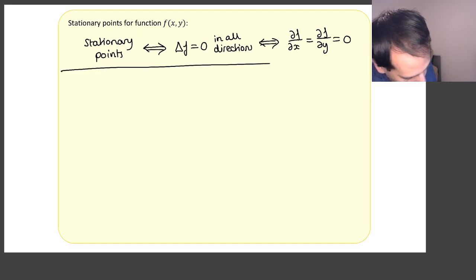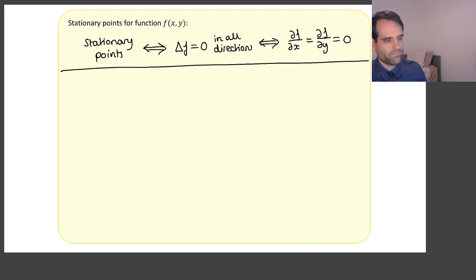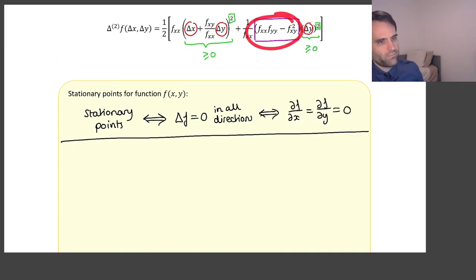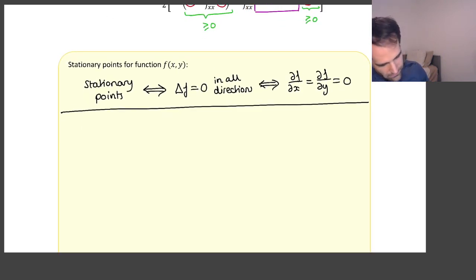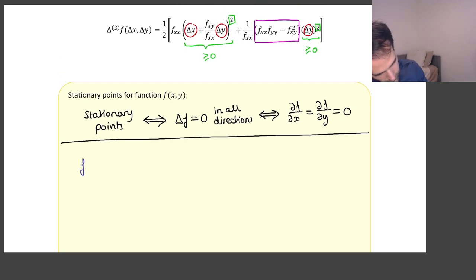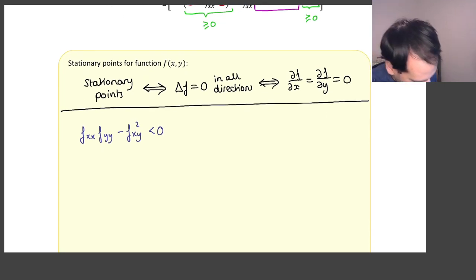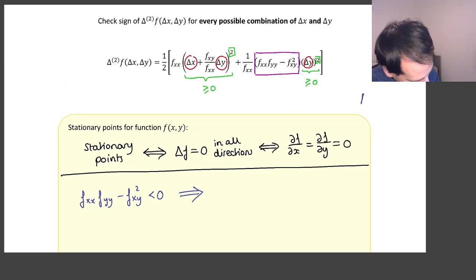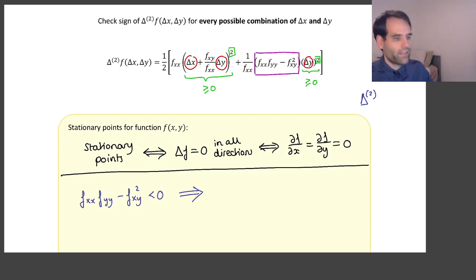And then in order to classify them, we can do the following. If this term here is negative, then we know that the term delta 2 changes sign.